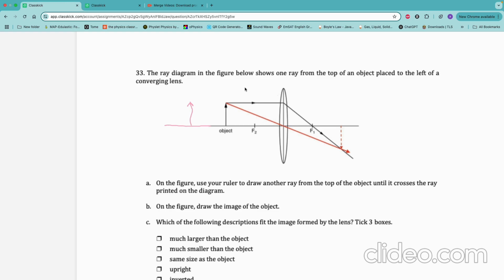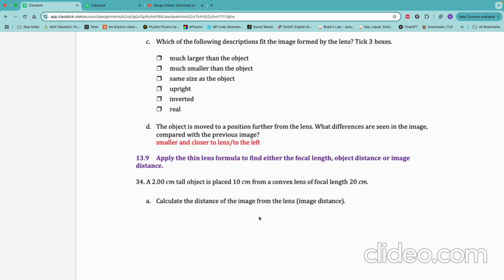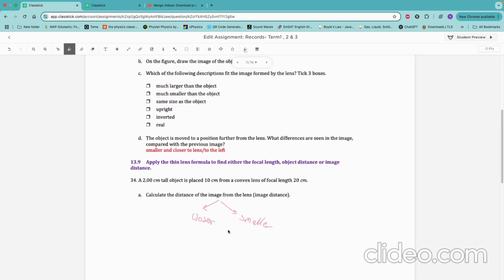We said when the object is getting further apart, the image is getting closer and smaller in size. So it gets closer to the lens and smaller in size. So the answer has to be here. So closer and smaller in size.